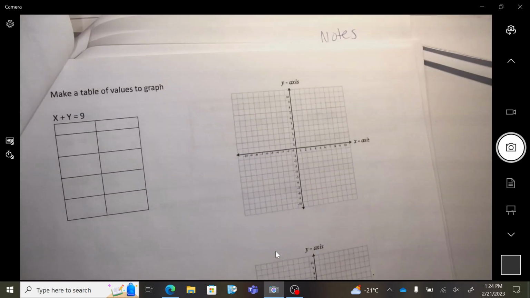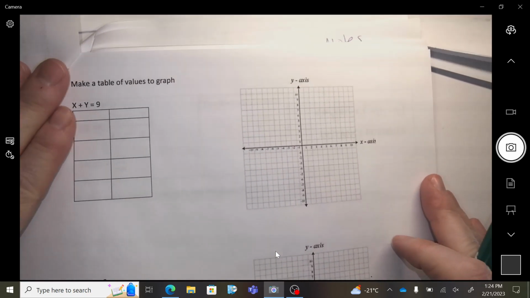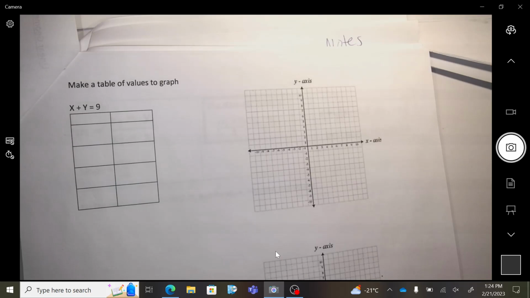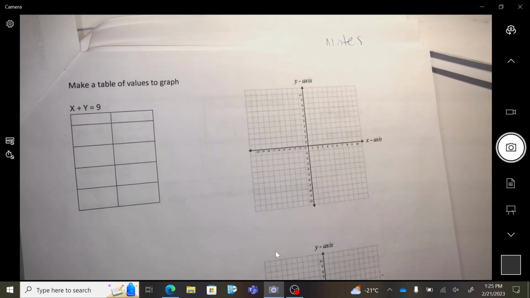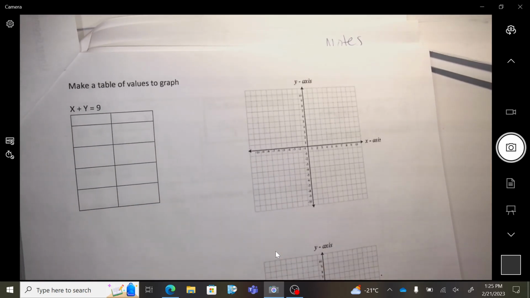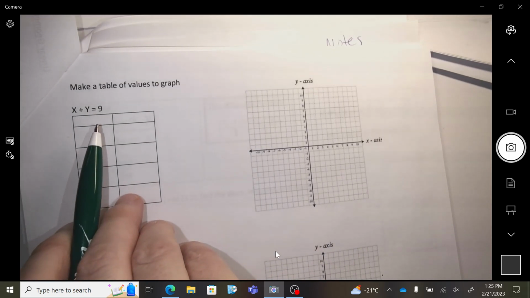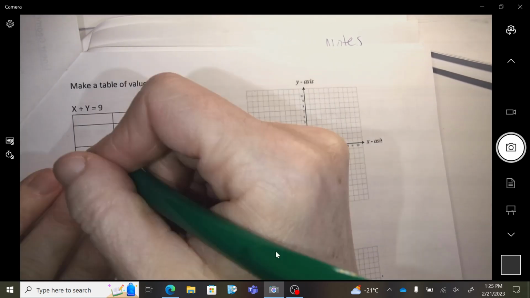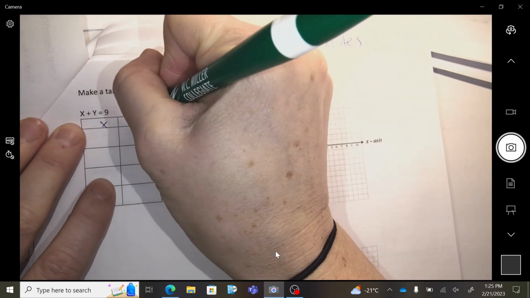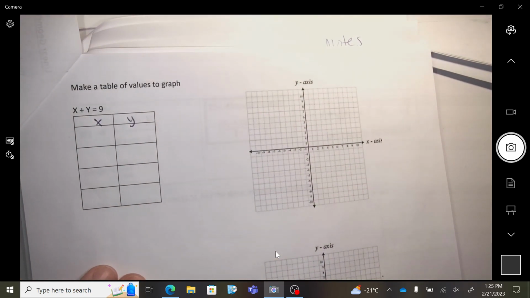Okay, we're going to graph a function, a linear function, by making a table of values. Okay, so the equation is called x plus y equals 9. I'm going to get you to pick some random x values.